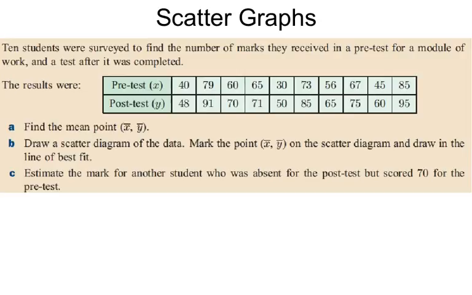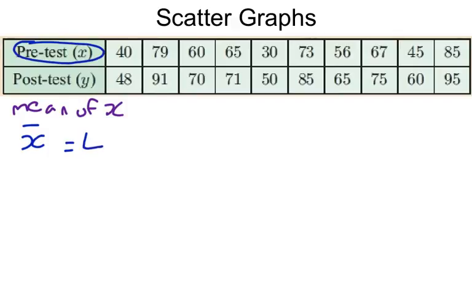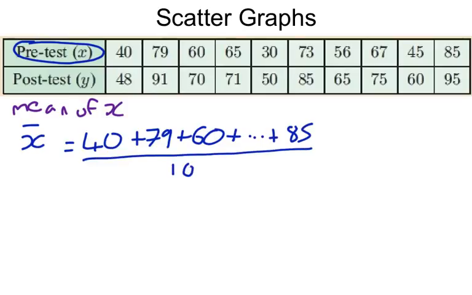So the first thing we're going to do is look at how we can find the mean point x bar, y bar. If we have our data here, for x bar, which simply means the mean of x, we add up all the x values, or the pre-test values, so we get 40 plus 79 plus 60 plus so on up to plus 85, and we divide by 10.